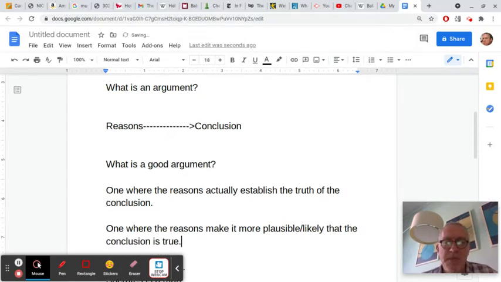We may have to adjust the standards somewhat, because to establish the truth of it, period, may be asking too much of the argument in this case.